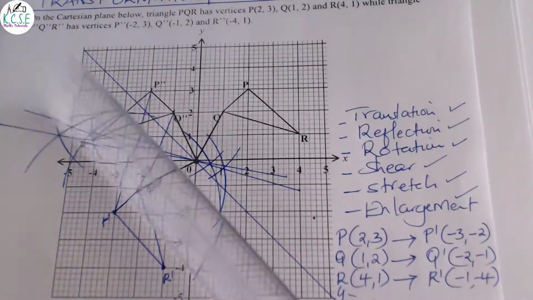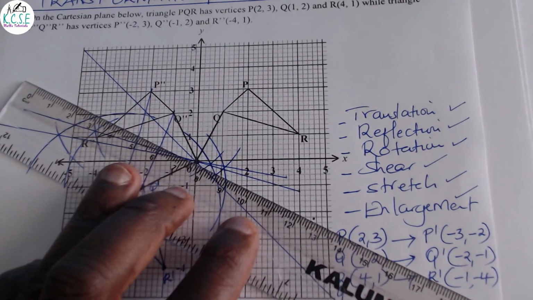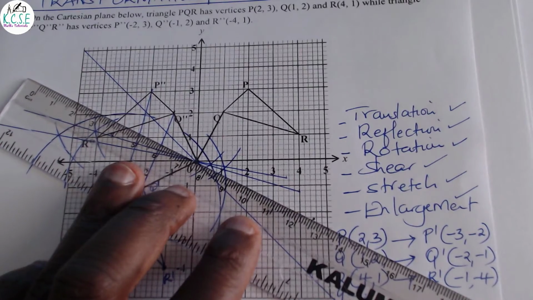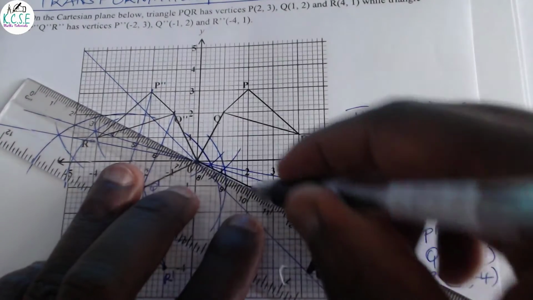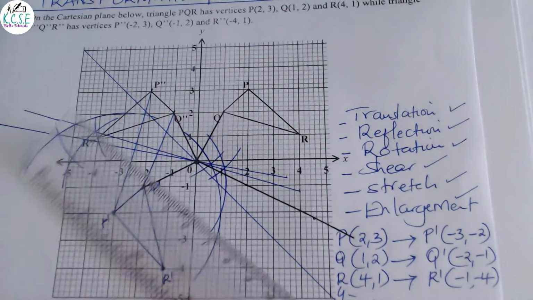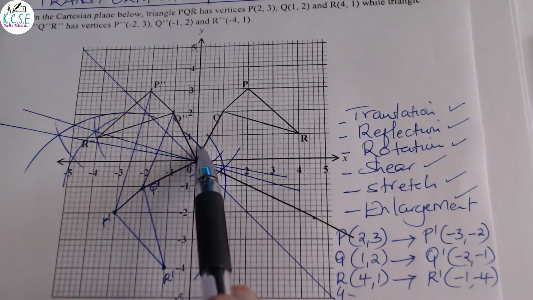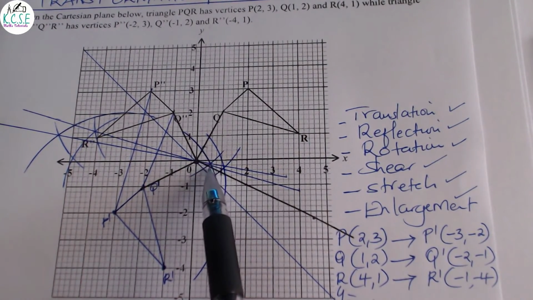So measure 90 degrees. You've measured 90 degrees from this line in a clockwise direction. So this one is 90 degrees.